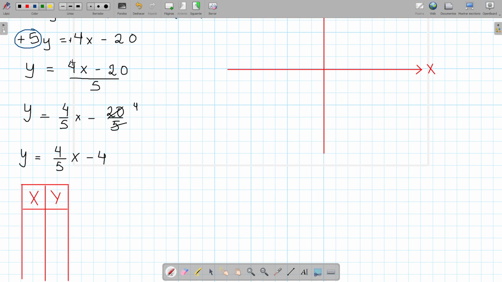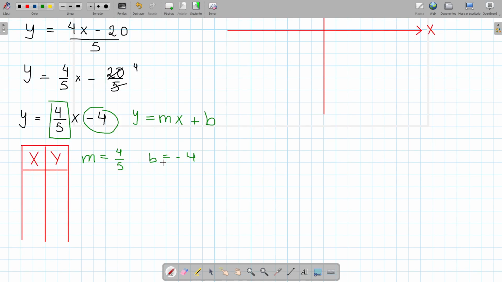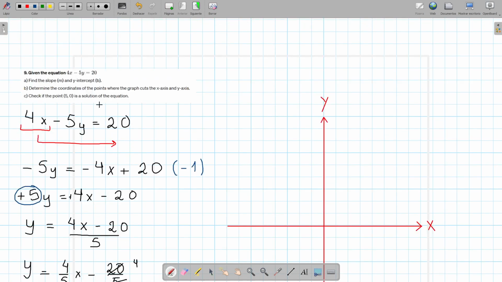So remember, in the formula it was in this shape. m is the slope, so that means that m is going to be 4 over 5, and the y-intercept is going to be minus 4. Now with all of this, we can say that we have solved the first one.